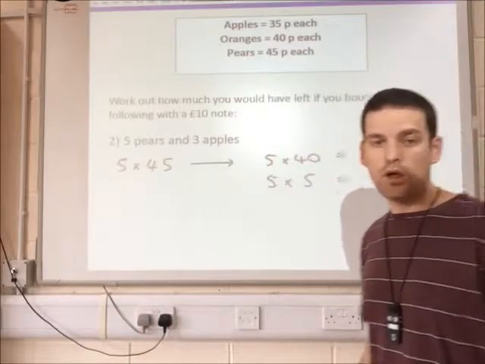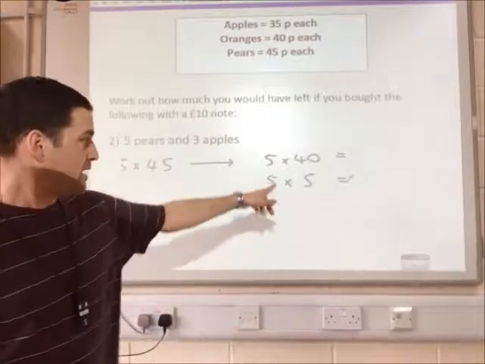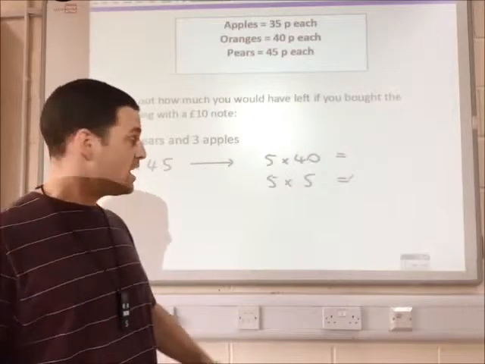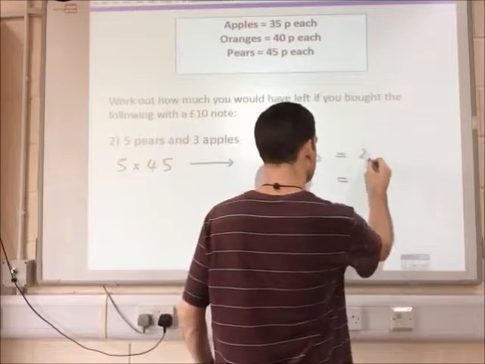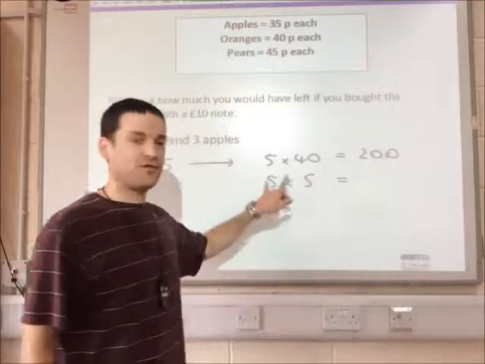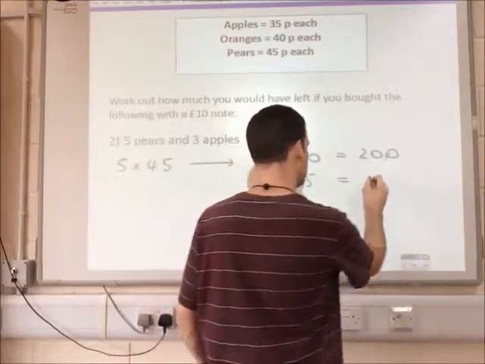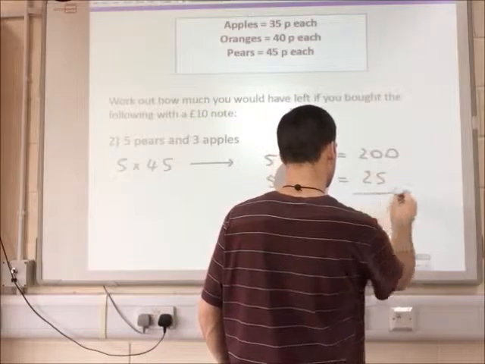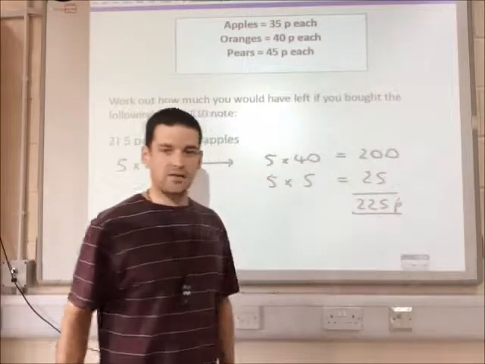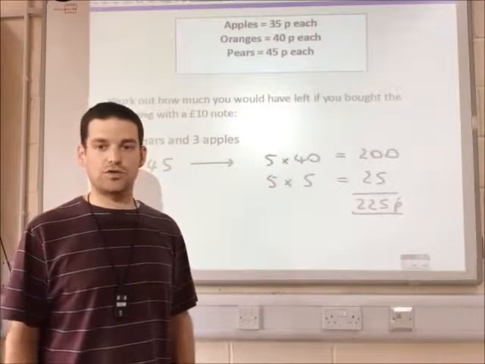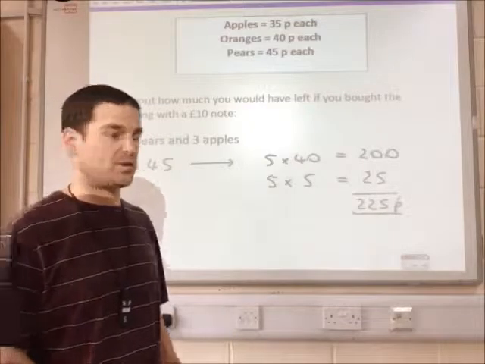So as before, use whichever method you like to work out the multiplication. I'm going to break it down into 5 times 40, which is 200, and 5 times 5, which is 25. So in total that comes to 225 pence, which is £2.25.